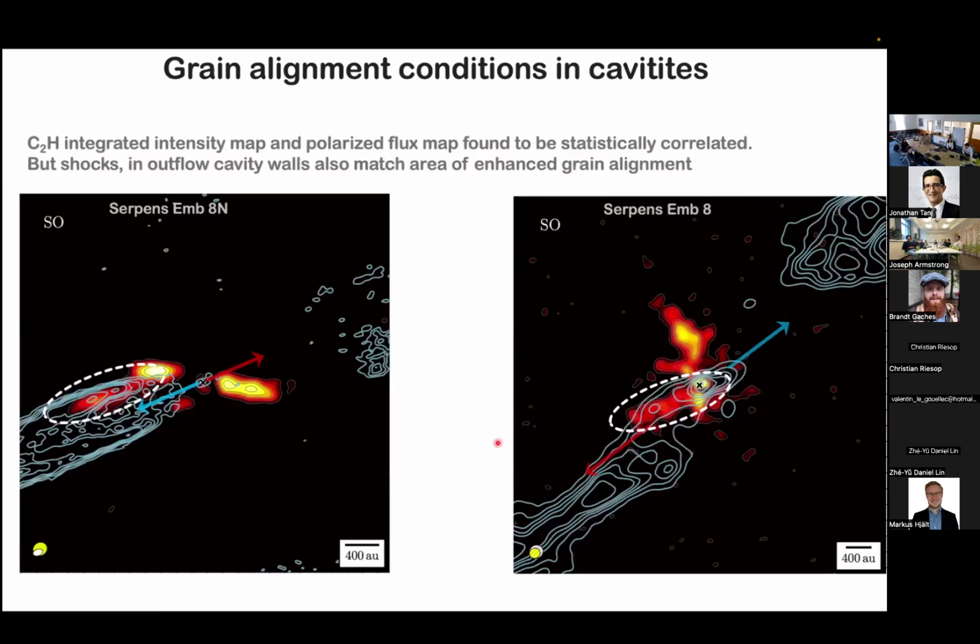However, it's also important to understand other sources of heating, and when looking at outflow, the mechanical heating must also be important, in relation to shocks. For example, we do see dust polarized emission enhanced where there are shocks, like here traced by SO. SO is a shock tracer in outflow cavities, and in a few locations, the dust polarization matches very well the location of shocks.